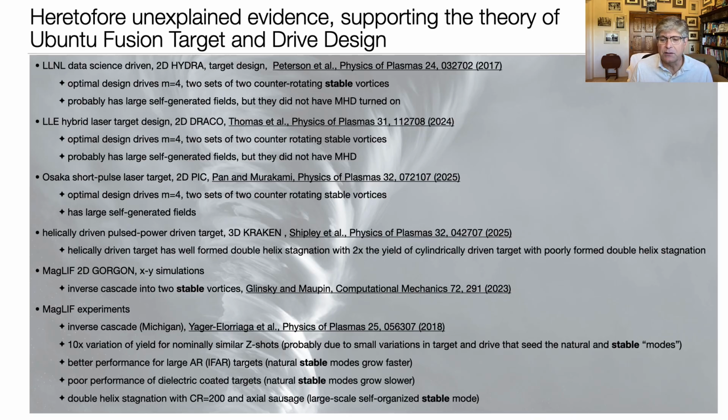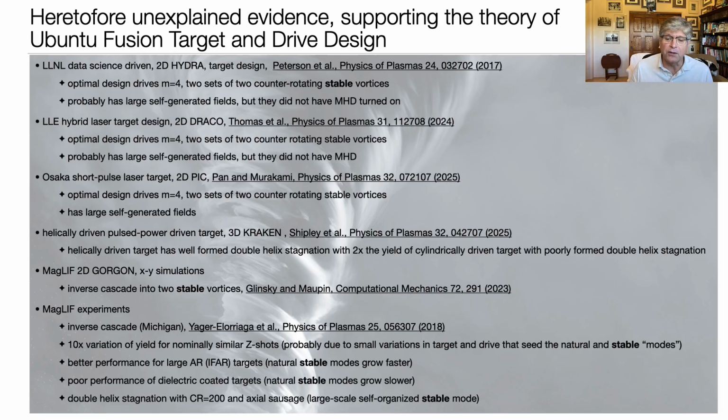A group at the Laboratory for Laser Energetics, when they simulated their hybrid laser target in 2D, found that they achieved a laser RFP stagnation. A group at the Osaka Laser Lab, when they simulated a short pulse laser target in 2D, found that they achieved an RFP stagnation.